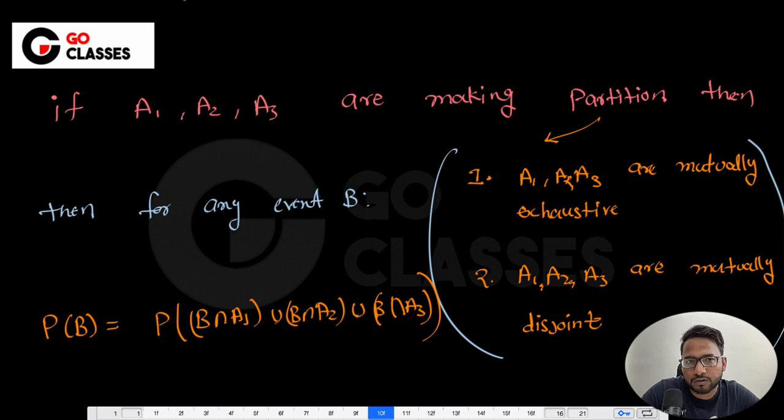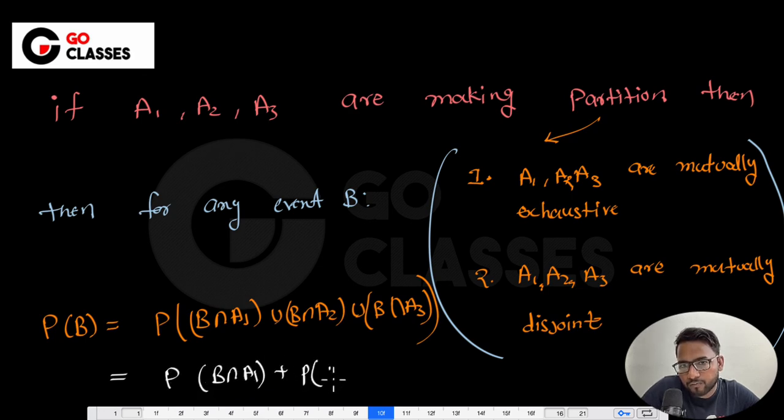I hope you understood. Which is equal to probability of B intersection A1 plus probability of B intersection A2 plus probability of B intersection A3. Okay, I hope you understood.